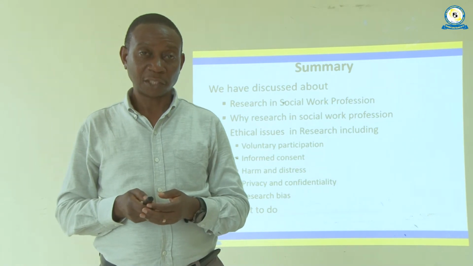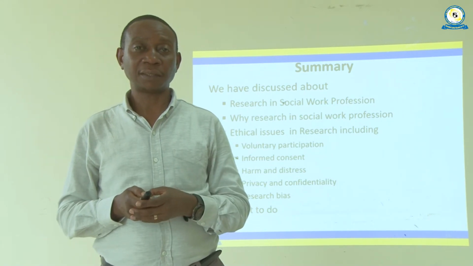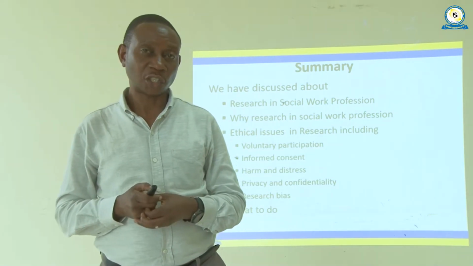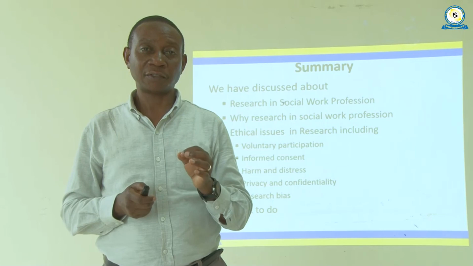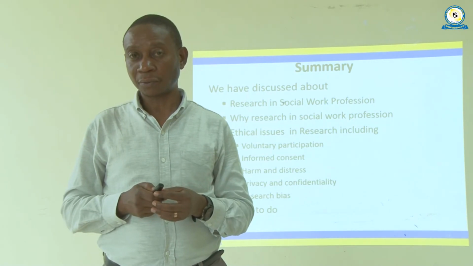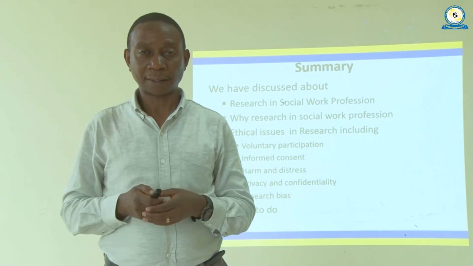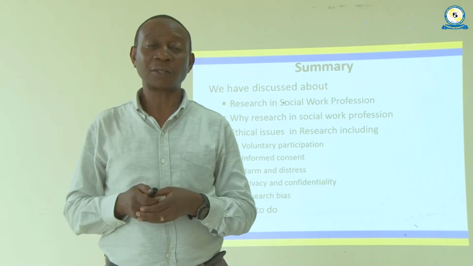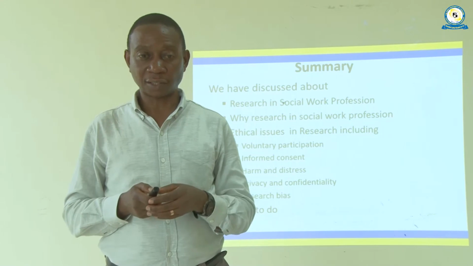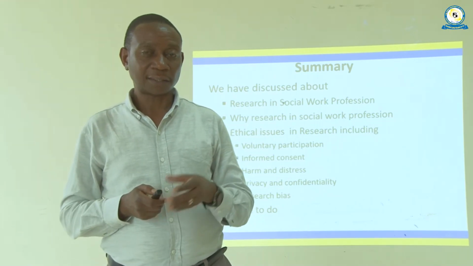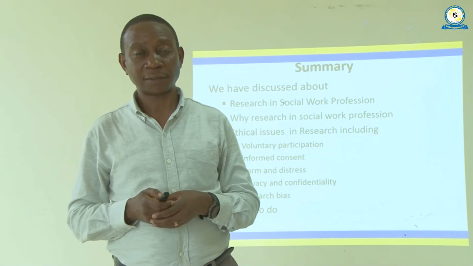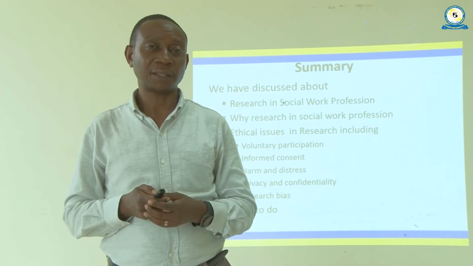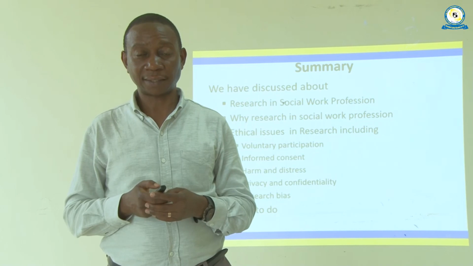And then make sure that privacy and confidentiality are taken into account, because we need to make sure that no information is disclosed to other parties who are not involved in the research intent. We have also seen the biases, and these biases affect the data and the information. So make sure that you are not biased.